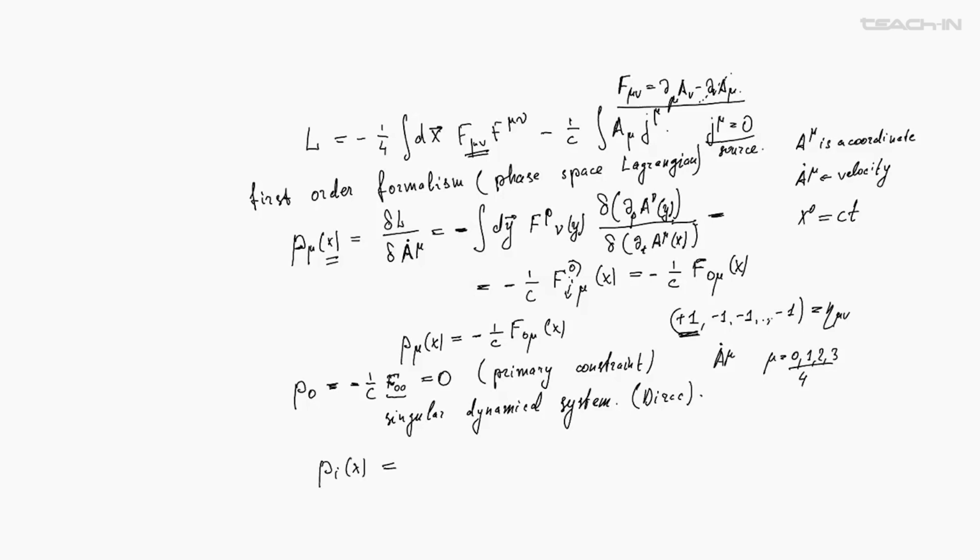This is -1/c (d0 ai minus di a0). And if you look at the electromagnetic tensor, how it's constructed via electric and magnetic fields, you will see that this expression is simply -1/c times ei, where ei is an electric field.